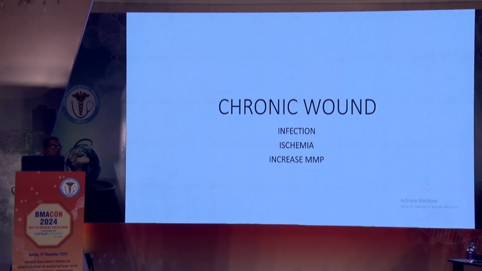Routinely, we know that wound healing occurs as time goes. Predictably, if we see 10% shrinkage of the wound per week, we can assess that this is a good wound and is going to eventually heal. But if the wound is not healing, then the problem is somewhere else, and most probably the problem is with MMPs.